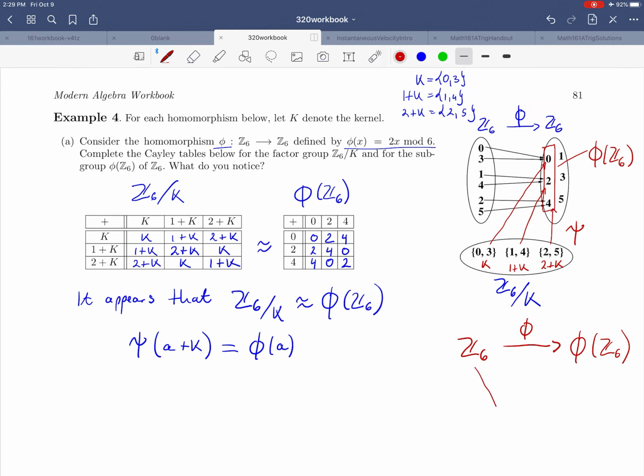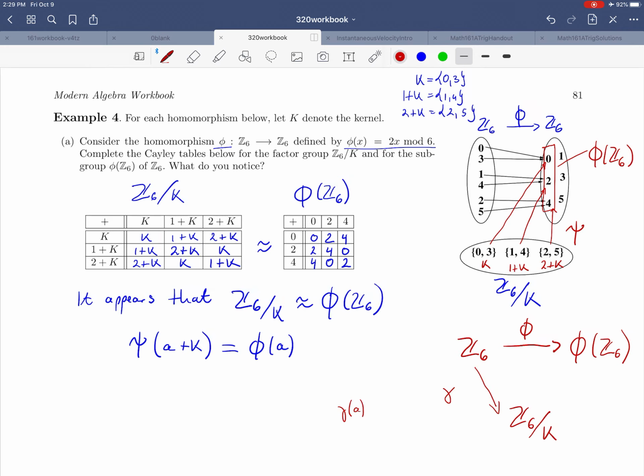But then we also have this map that takes each element in Z6 to the coset mod the kernel. So we have this map to the factor group. Let's call that one gamma. So it just sends an element to its coset.